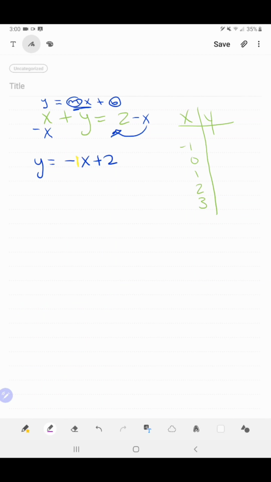So let's start plugging in our numbers. y equals -1 times -1 plus 2. -1 times -1 is 1. 1 plus 2 is 3. Then 0: -1 times 0 is 0. 0 plus 2 is 2.